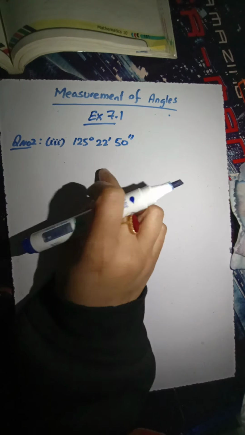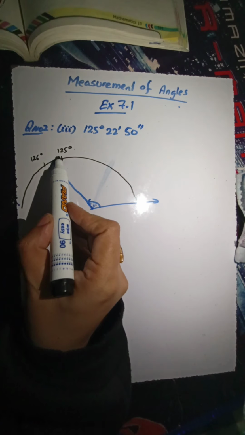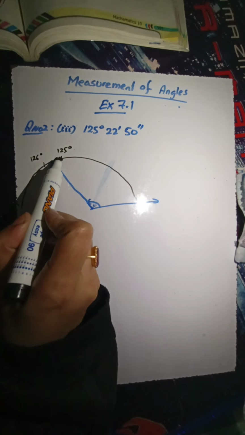If you make a protractor, then this angle has covered 125 degrees, and then 125 and 126. It has covered 125 degrees, and then it has covered the minutes, which are 22 minutes.